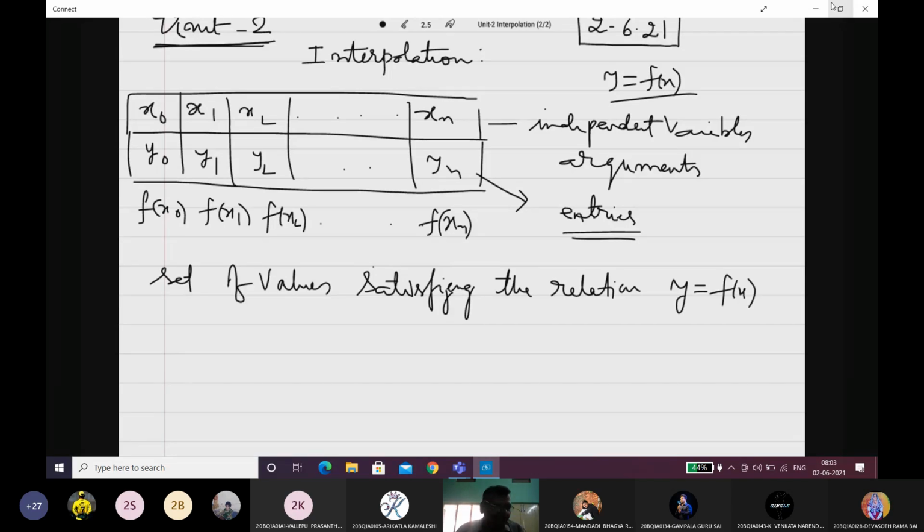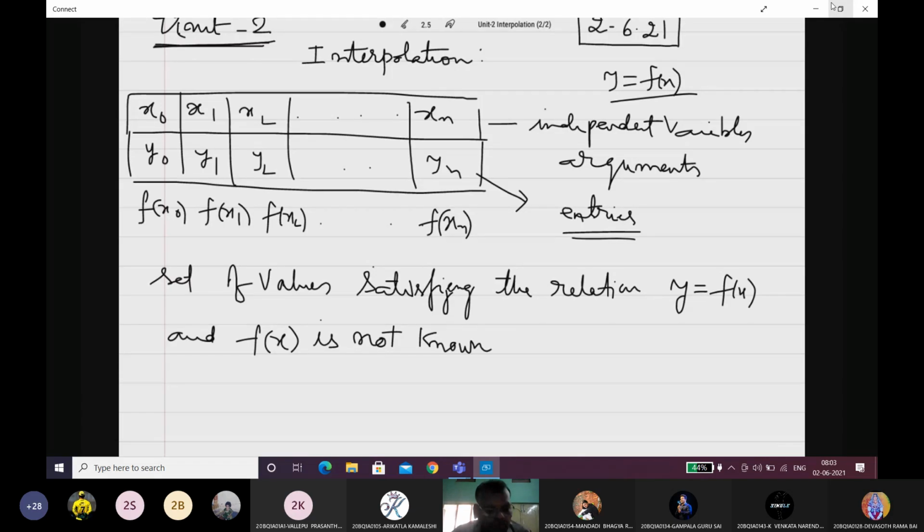And sometimes y is equal to f of x is not known. It is not given in advance. F of x is not known.